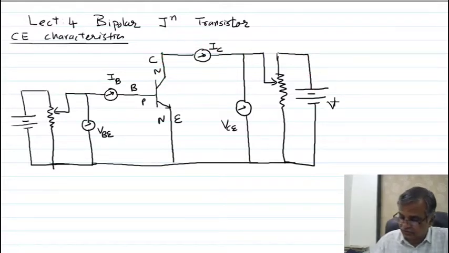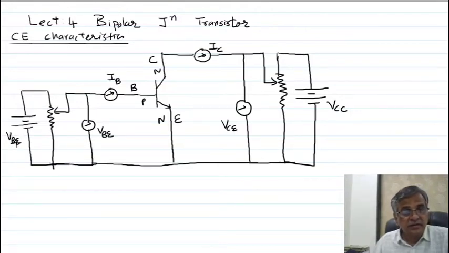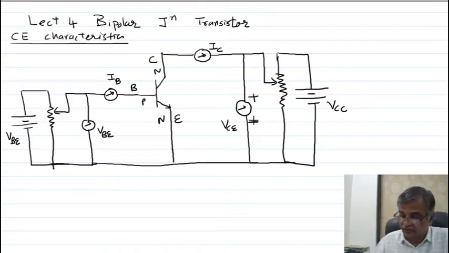So this is your VCC, this is your VBB. Here it is plus, here it is plus, here it is minus. So I have to keep this plus sign here. This is a minus sign. Current flows in this direction. Already you know this is the emitter current. So the remaining two currents will flow in this direction.